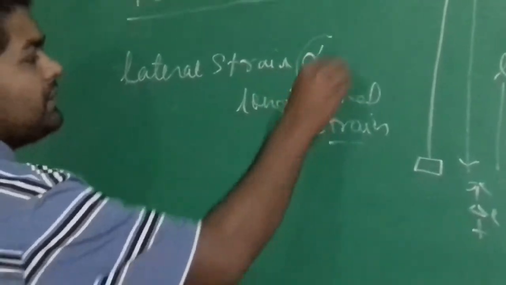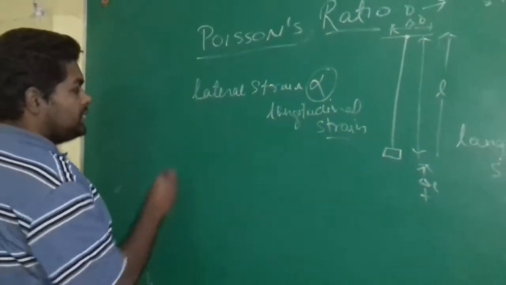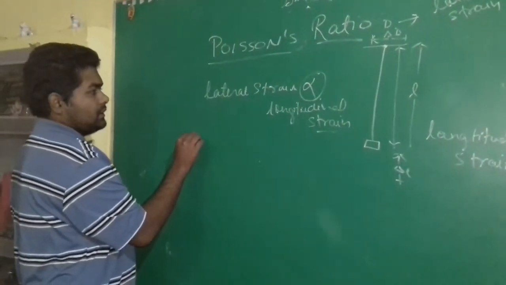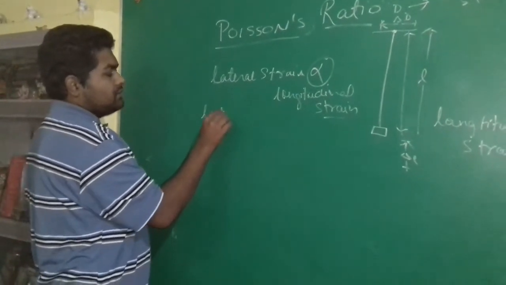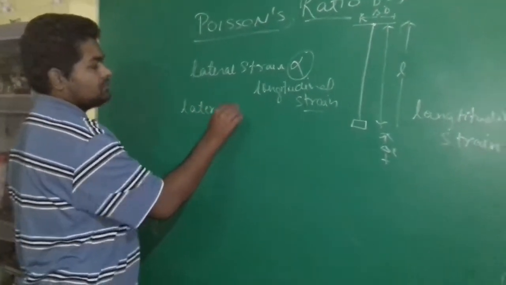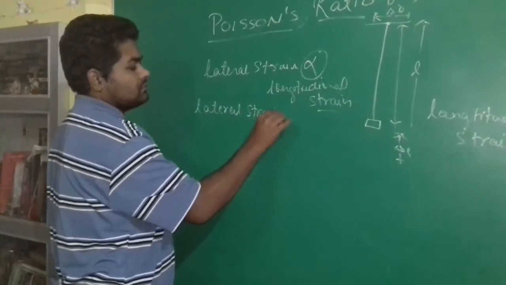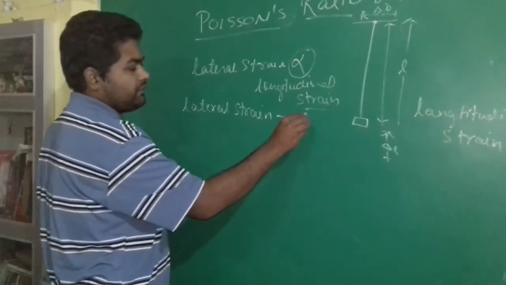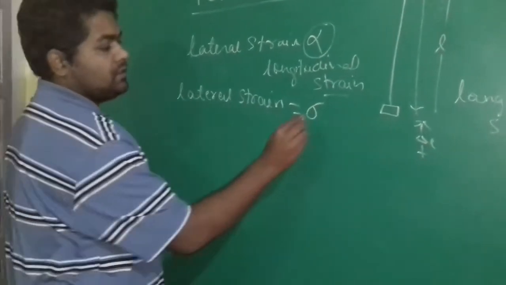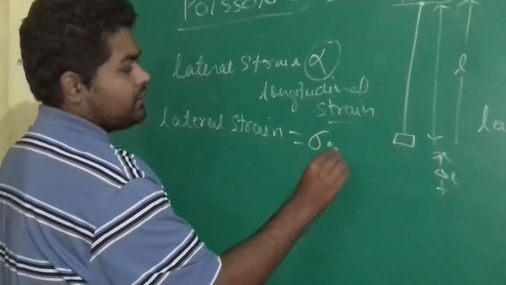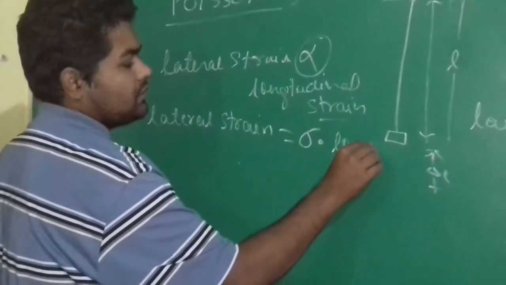So if we replace the sign of proportionality, it will be lateral strain is equal to a constant that we will take as sigma, and this sigma is constant into longitudinal strain.